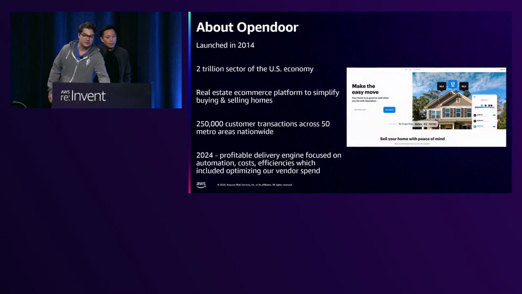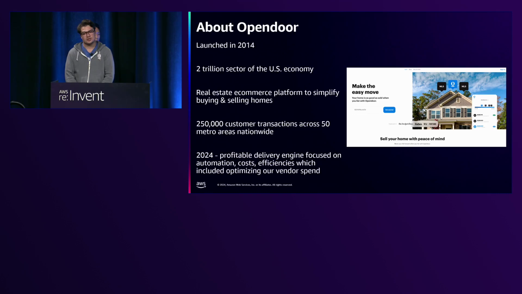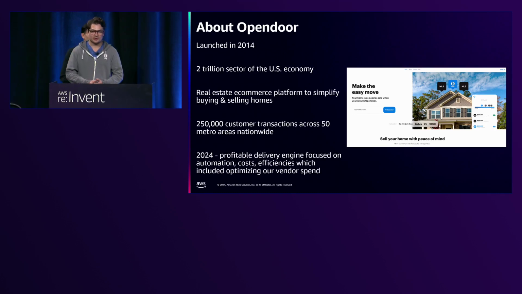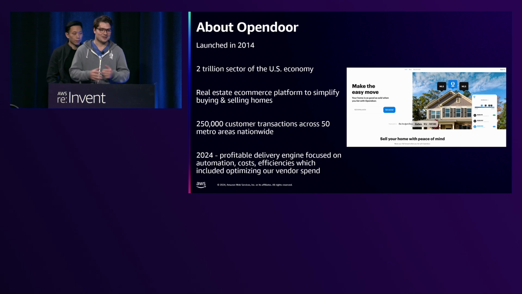Hey everyone, can everyone hear me all right? Awesome. My name's Zach Gorman and I'm a Senior Security Engineer here at Opendoor. If you haven't heard of Opendoor, or maybe just aren't super familiar with our business, we're looking to reinvent the way you buy and sell your next home. Since our founding in 2014, we've been looking to modernize a previously untouched, over $2 trillion sector of the United States economy, residential real estate.